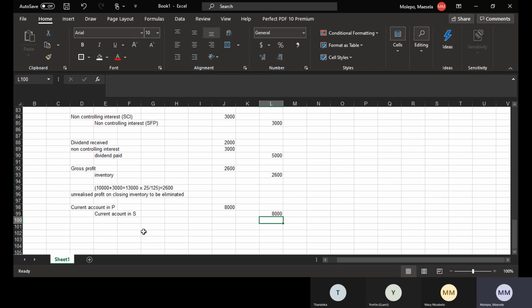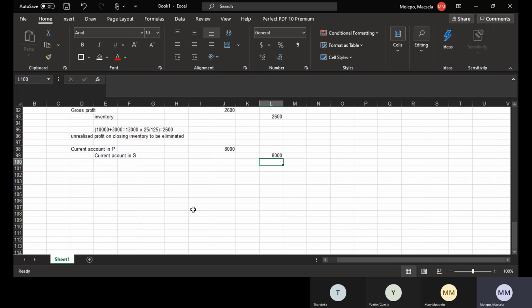The 9,500 minus 1,250, let's do it here. It will be the 9,500 minus 1,250, which equals 8,250.